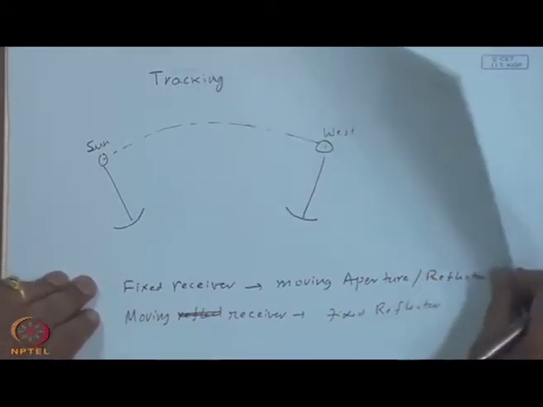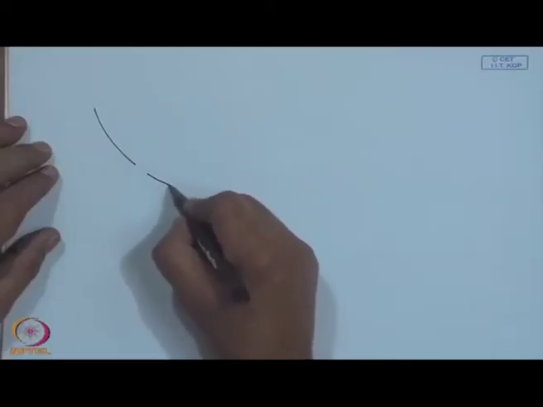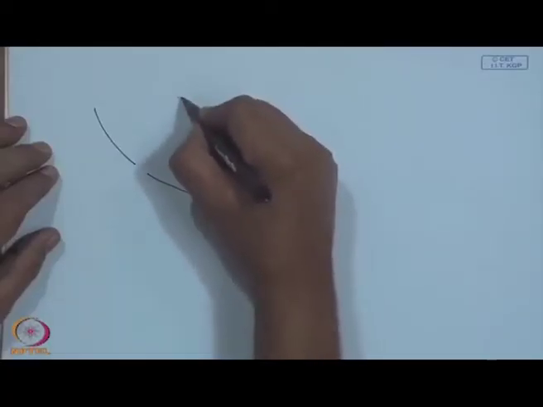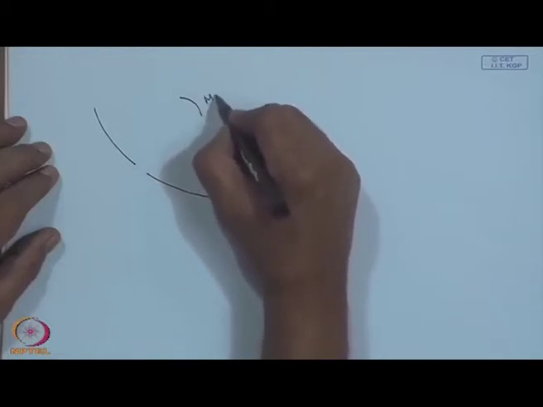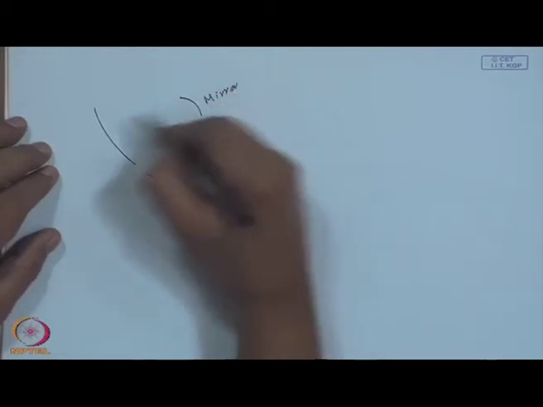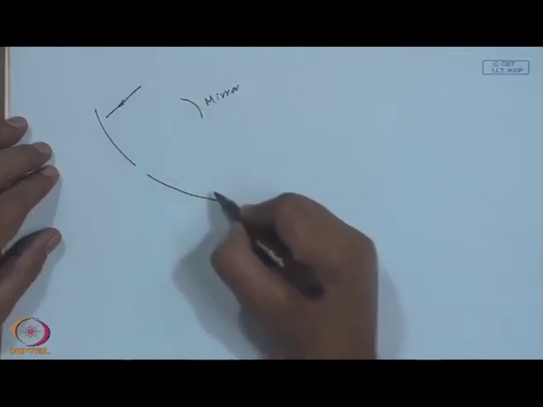And there is one more configuration one can think of, so that one does not come in the way of the reflected sun's rays. Let us say it is a paraboloidal, and this is a mirror, this is also a mirror.